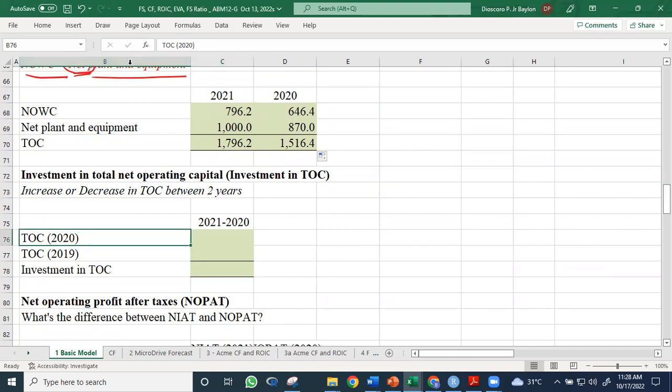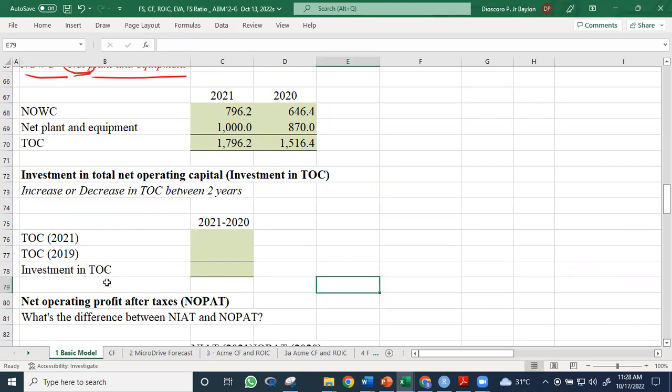Sorry, I think I'm getting the wrong file here. For 2021 and 2020, to get the investment in total operating capital, we just subtract. How much is the total operating capital in 2021, and how much is it in 2020? Therefore, get the difference between the two.